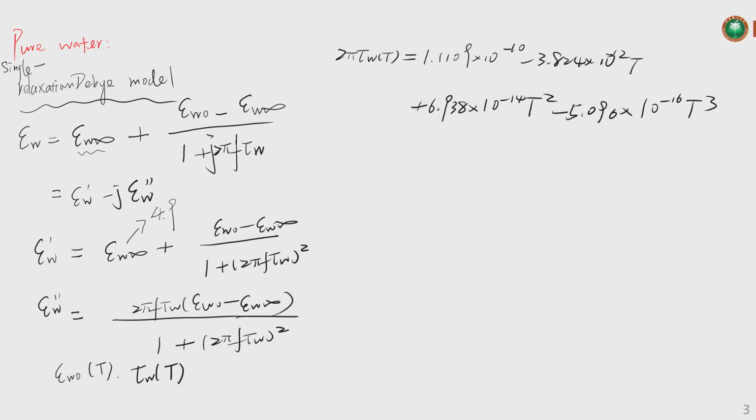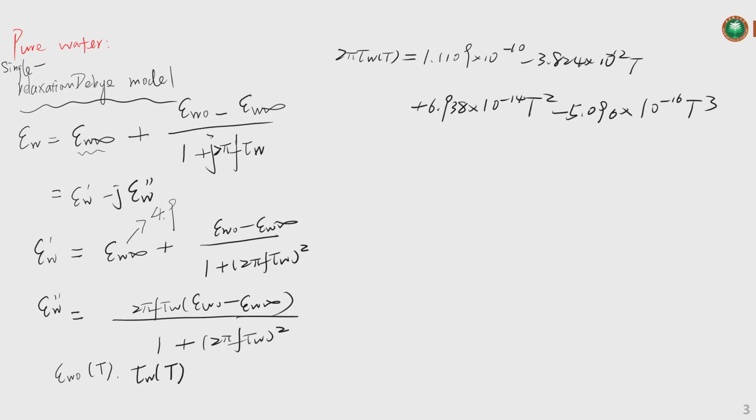When we calculate the dielectric properties of the materials with respect to temperature, we usually use Kelvin instead of degrees centigrade, so this part we need to take care of.